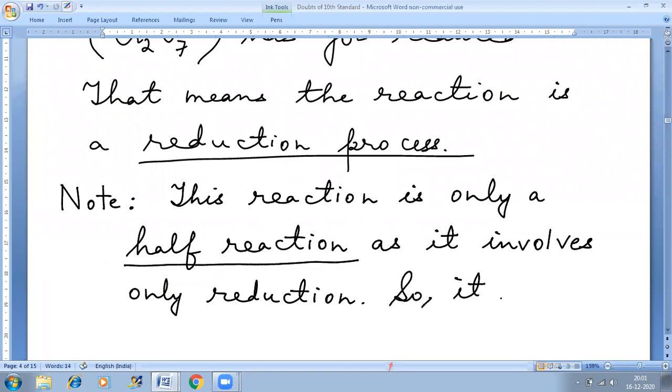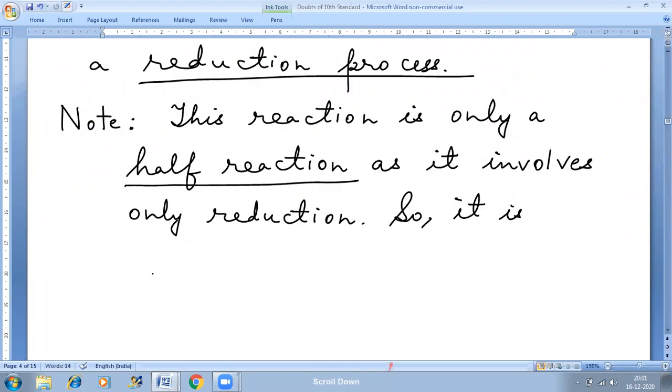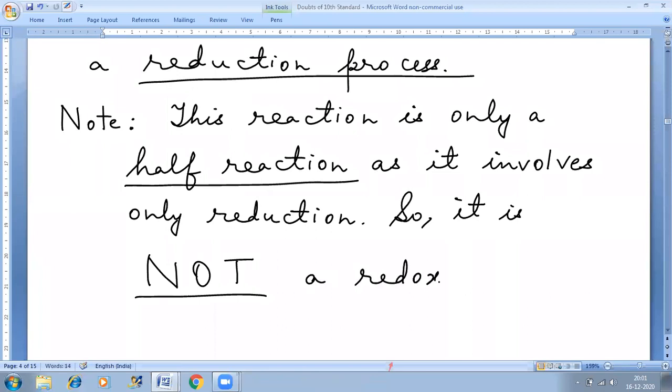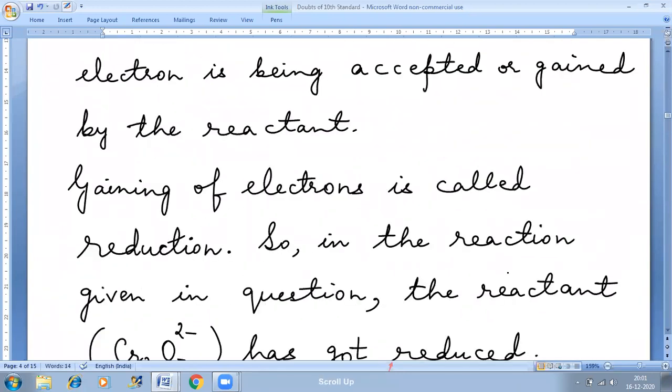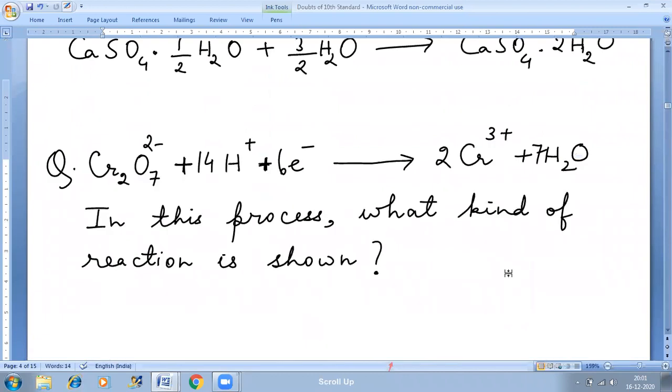So it is not redox. This is a very important point. This is not a redox reaction. This is only a half reaction. What type of half reaction is this? It is a reduction half reaction.